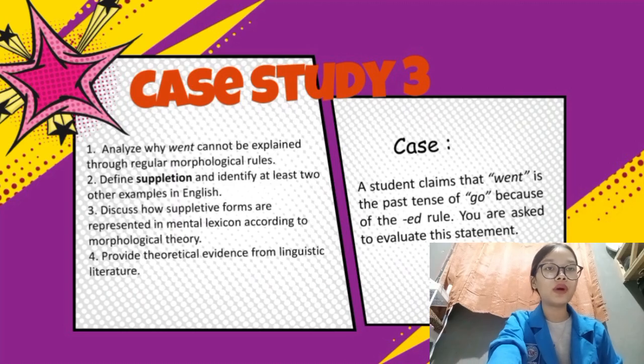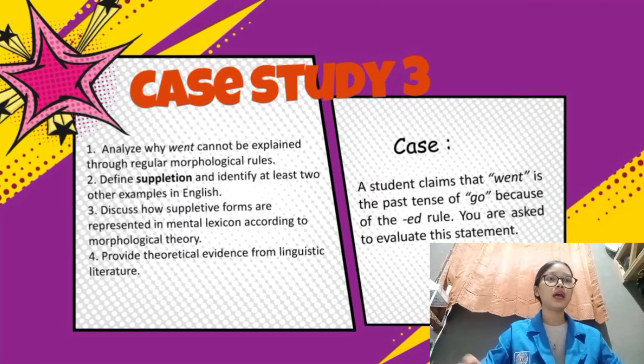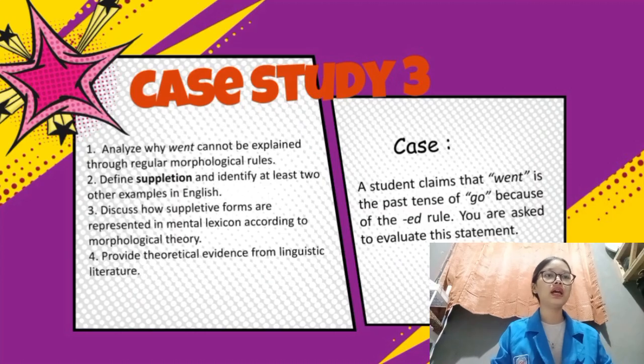Four, provide theoretical evidence from linguistic literature. Case: a student claims that went is the past tense of go because of the -ed rule. You are asked to evaluate the statement.